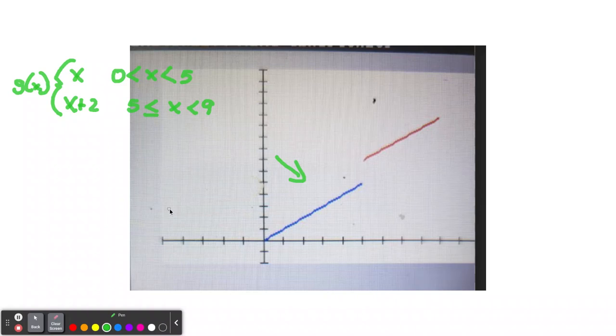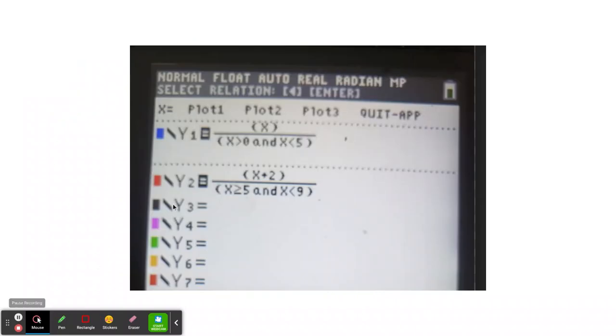So if you want to write that piecewise equation down, how did we get the "and"? We did the same thing. Let's go back. On the numerator, we put x, and the condition was that x was greater than 0, but less than 5. So the calculator can't see that interval. What you have to use is the word "and."